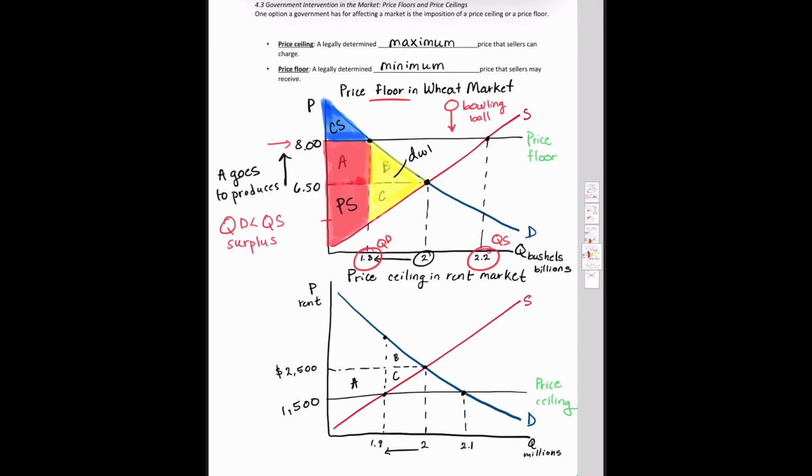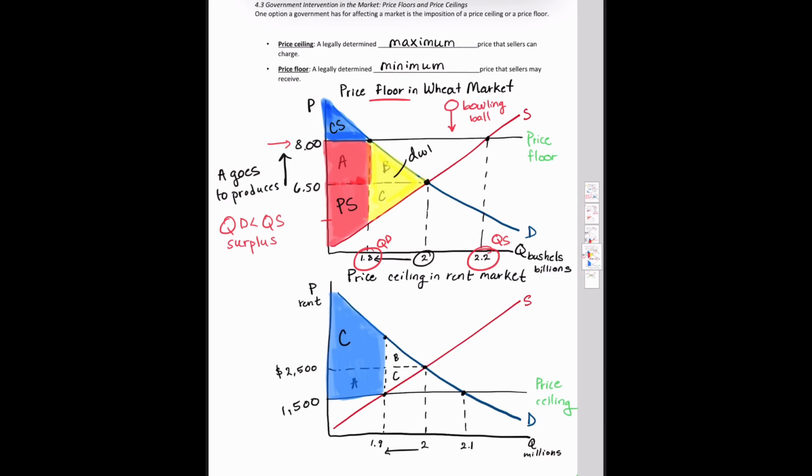So again, let's identify consumer and producer surplus. With this new implemented price ceiling, we will see consumer surplus increase. At price 1,500, again, it's everything below the demand curve, above the price. So we will see area A be transferred from producers to consumers.